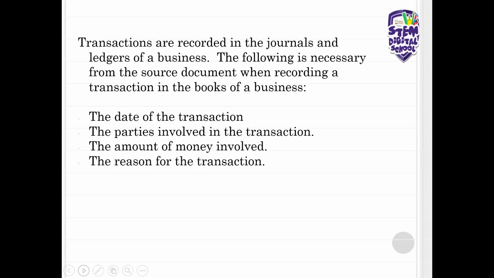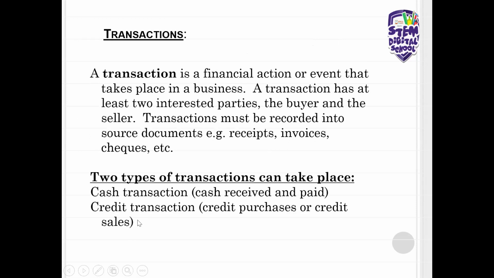Okay, just before I continue, because these two slides are about transactions, I just quickly want to go back there. Remember, the definition of a transaction is a financial action or event that takes place in a business. And remember, two parties are involved, the buyer and the seller.